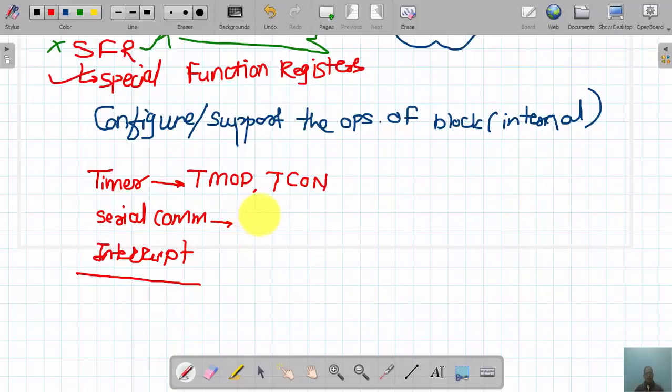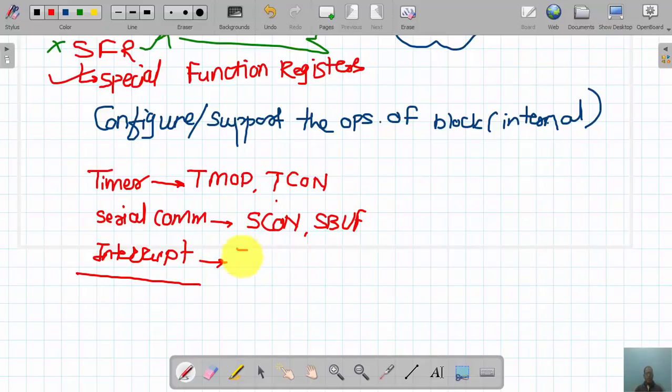Similarly, for serial communication, we have the SCON register and the SBUF register. You can't use SCON, TCON or TMOD to perform arithmetic or logical operations, because these are special function registers designed to support the operation of the internal blocks. Here the TCON register is also used to deal with the interrupt control block.